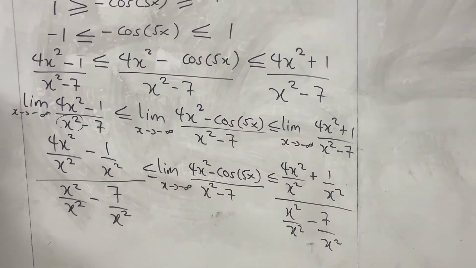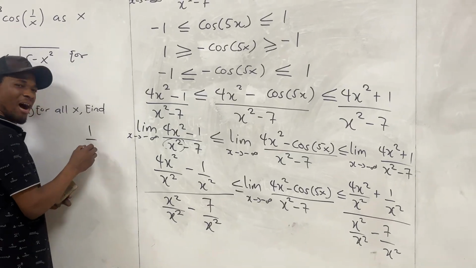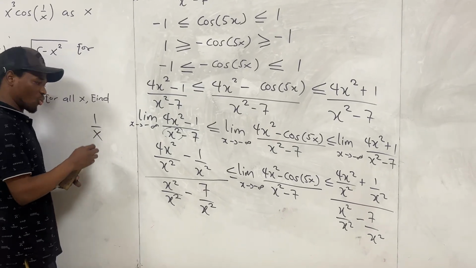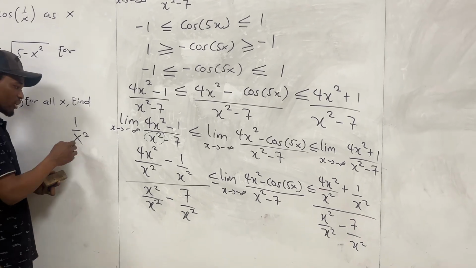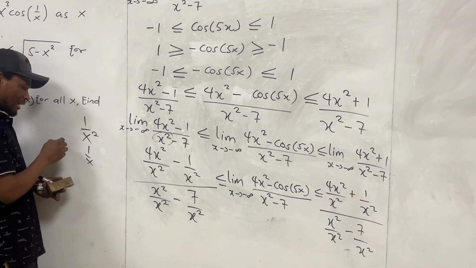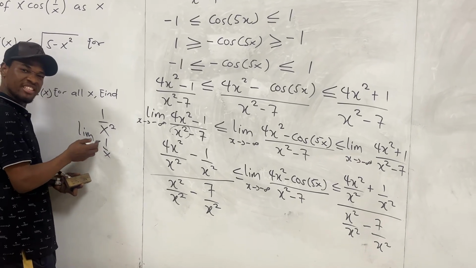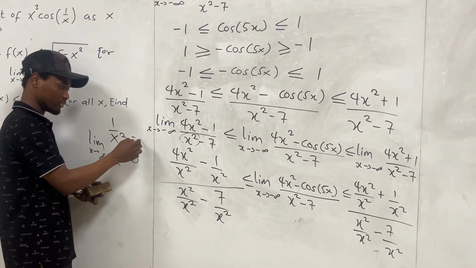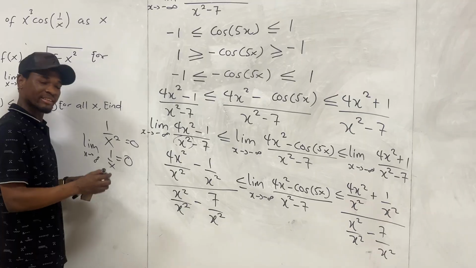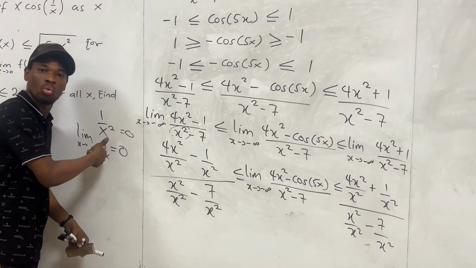So viewers, whenever you have something like 1 over x squared, or 1 over x, and you take the limit as x approaches infinity or negative infinity, the result is 0. Always, the result is 0. And I'm going to prove why it is so.